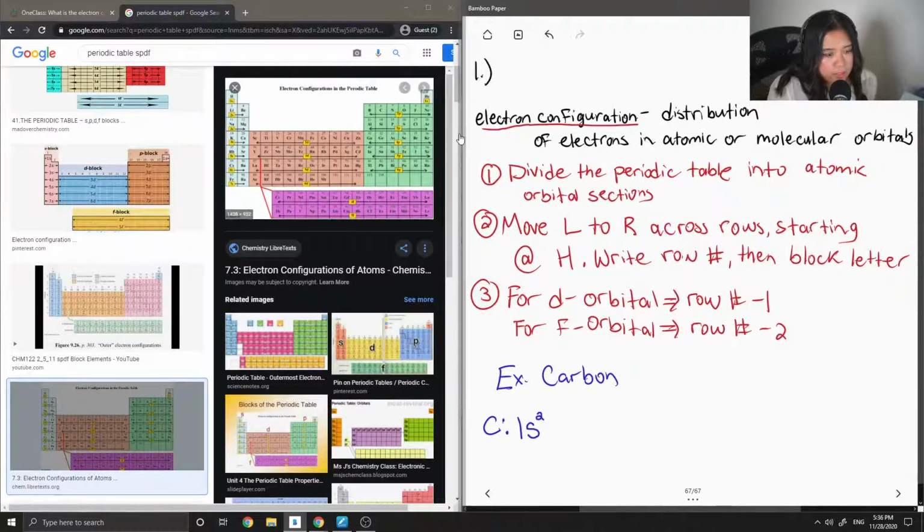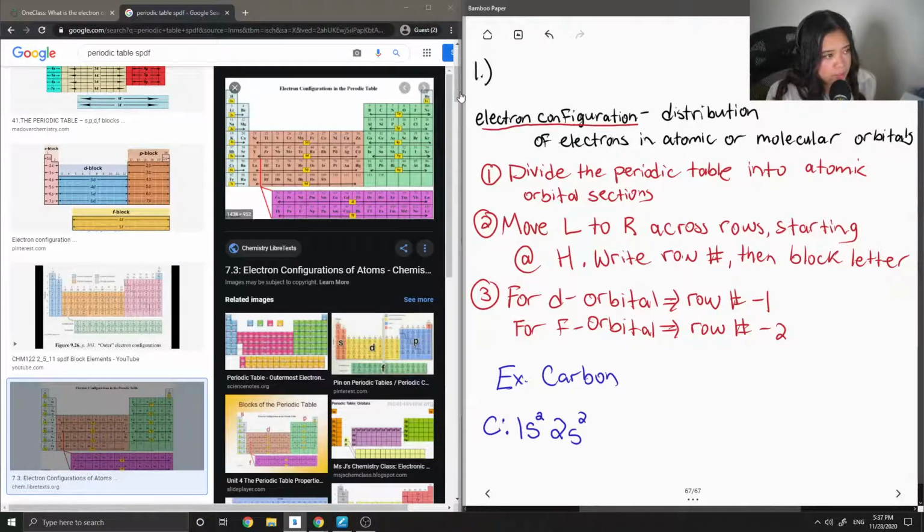So you can think about each extra electron as one of the numbers in the superscript. Okay, so 1s2, and then going back to the row number 2, it's going to be 2s2.